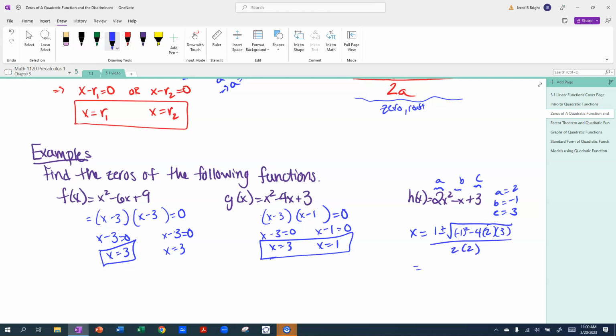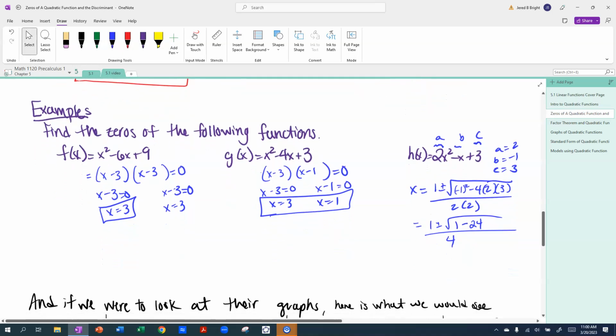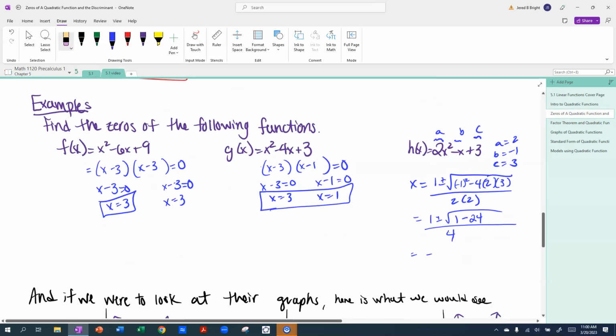Okay, and so I get 1 plus or minus the square root of 1 minus 8 times 3, which is 24, and then over 4. This is going to be 1 plus or minus the square root of negative 23 over 4.